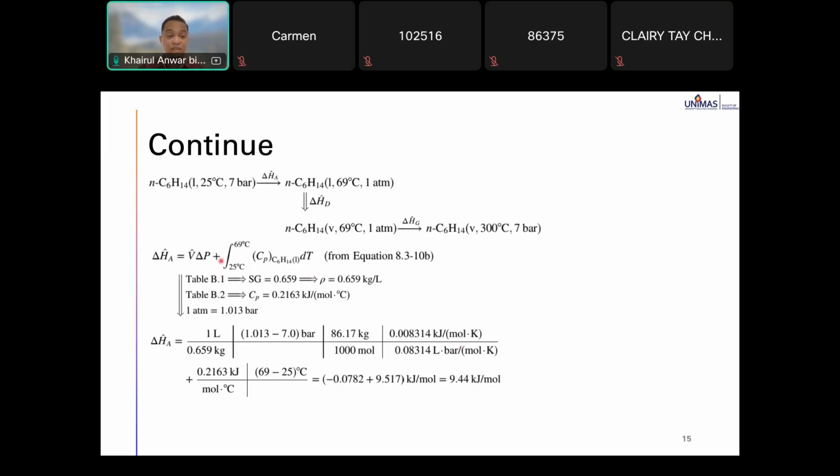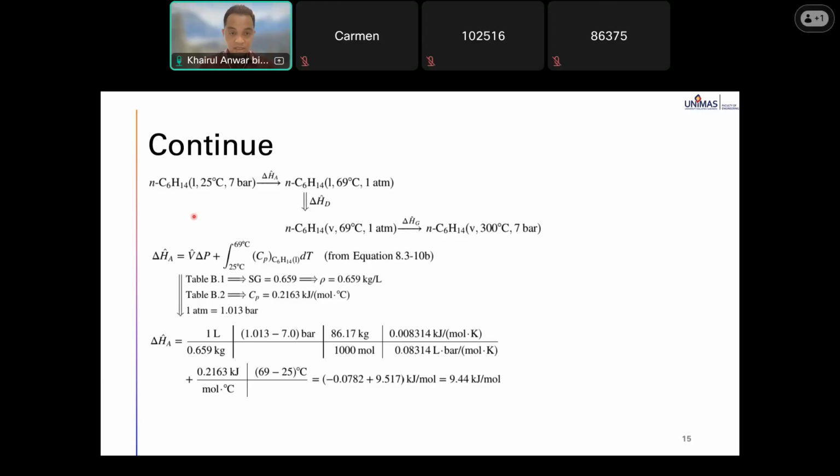Since this is a liquid, I forgot about the expression V delta P. From table B1, the specific gravity for n-hexane is 0.659, so rho is 0.659 kg per liter.